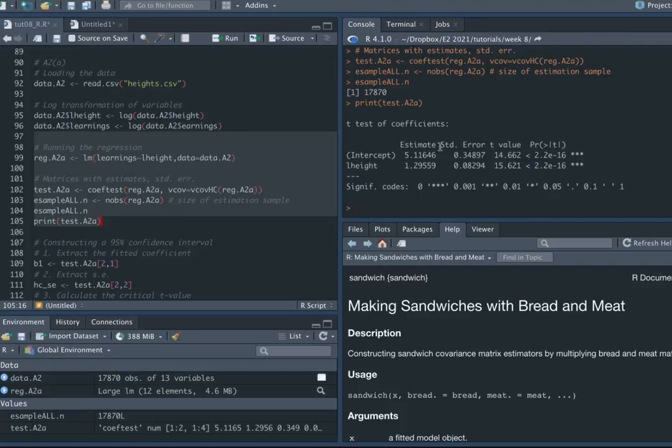We just want the specification to change, not the sample size. So it's good to keep track of the sample size, but it doesn't give the sample size as default. So here, with number of observations, and you put in whatever you call the regression, this is where it's stored. So in this case, you see this is a large sample with 17,870 observations.